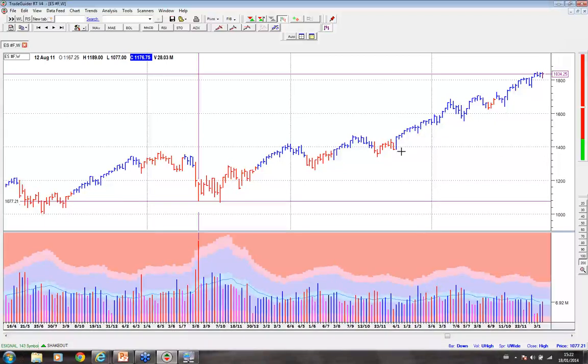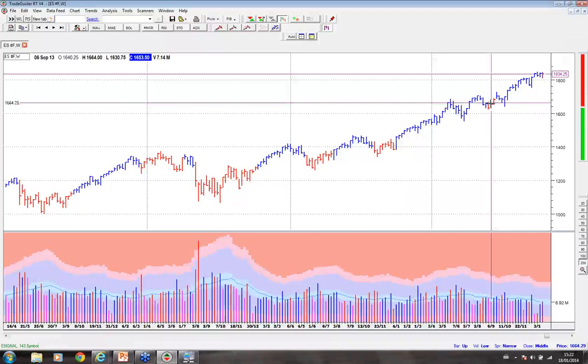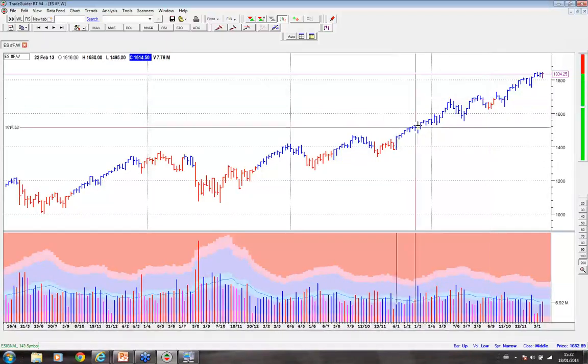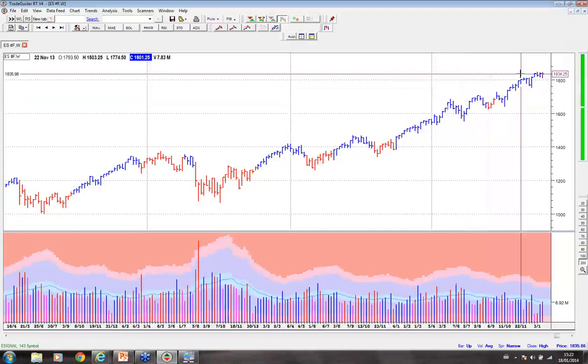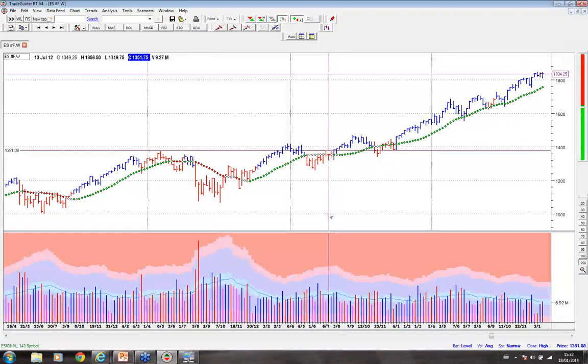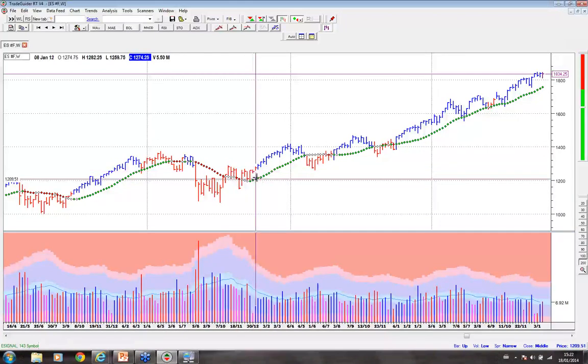Now, simply put, when you have a range of bars that has very few red bars in it, as you can see here, you're in a very strong medium-term trend, and we are at the moment in the S&P. If I then put the diamond trending system on, you'll see that this has hardly changed. You've got 1 red diamond in the whole of this uptrend in the S&P, and we began to change on this bar here. That's when we started to change green.